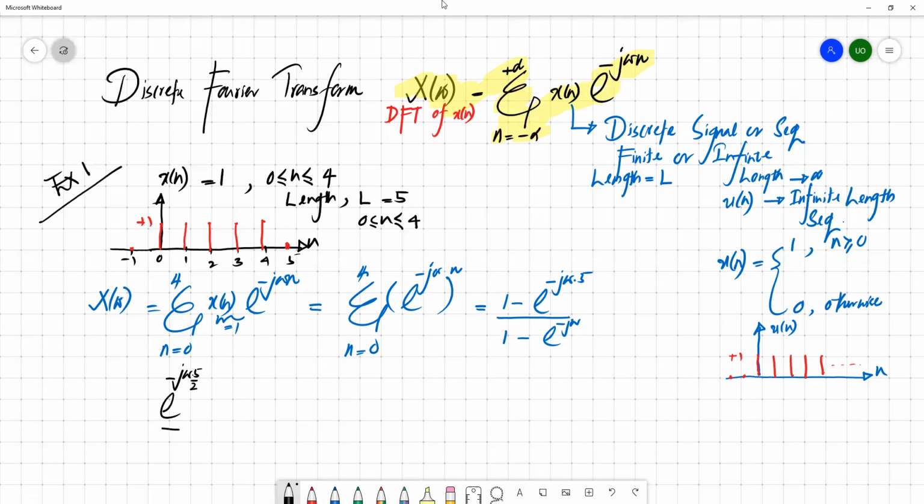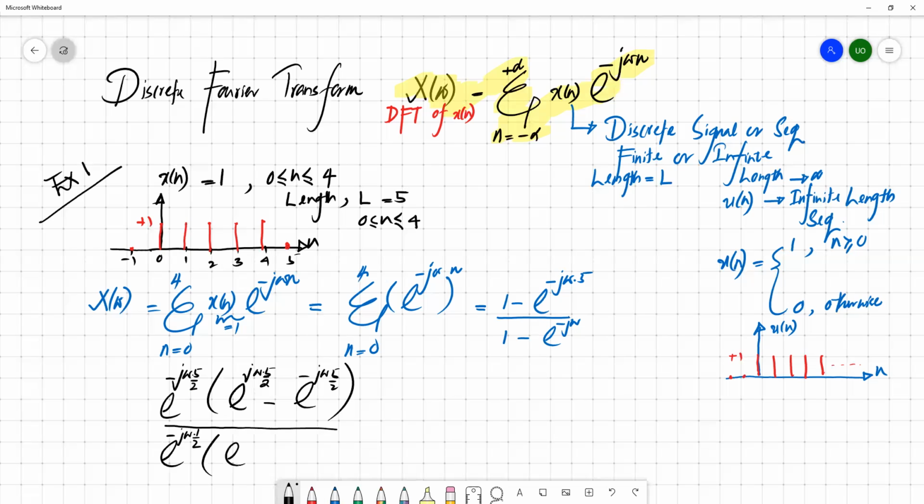In the denominator, we can also take that out. Then you have 1 here times e to the power j omega 5 by 2 minus e to the power minus j omega 5 by 2. Similarly, you can take half of this exponent, so it becomes e to the power minus j omega half.